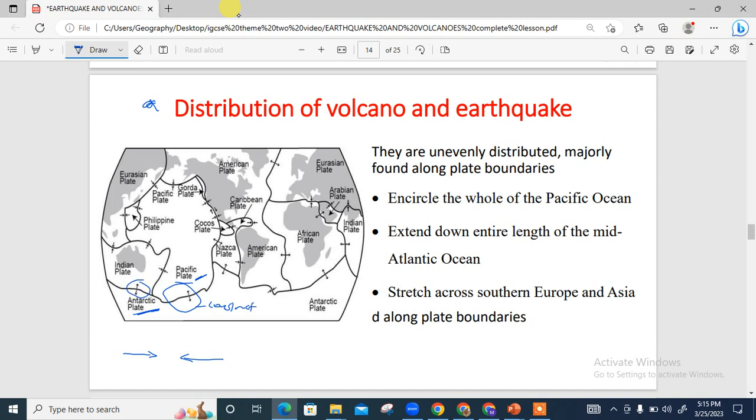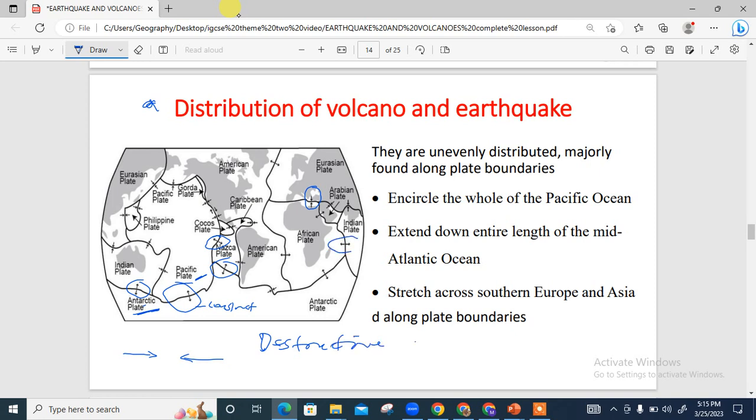This is also constructive between Antarctic and the Indian plate. This is constructive between Antarctic and the Nazca plate. Between the Nazca and the Caucasus plate is also a constructive plate boundary. But if you look at this plate here between the Eurasian and the African plate, both of them are moving towards each other, and so what you have there is a destructive plate boundary.